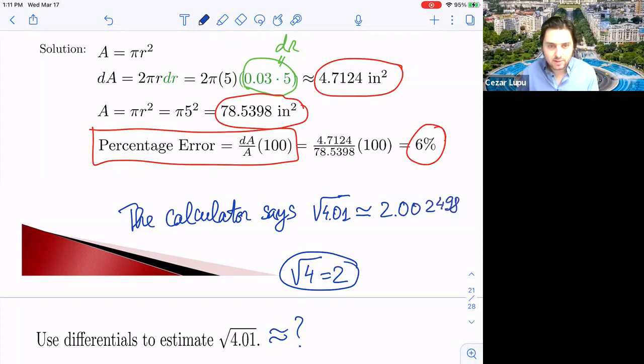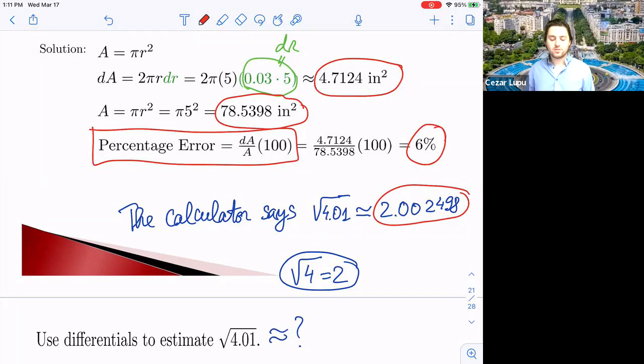Okay, let's put it like this. So this is the number that the calculator says. And let's see how close we're going to be to the calculator.